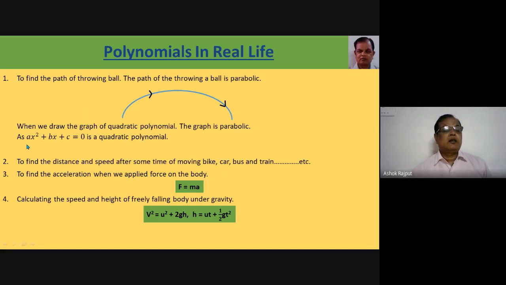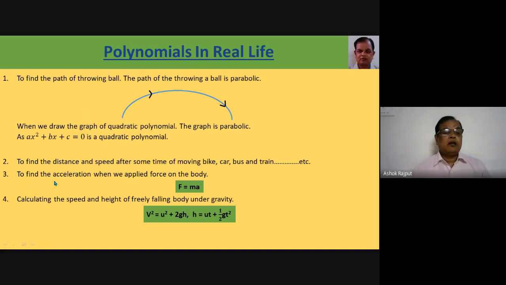As it is written here, ax square plus bx plus c equal to 0 is a quadratic polynomial. If anywhere you find such a type of polynomial, then you can say it is a quadratic polynomial. Then next, to find the distance and speed after some time of moving by car, bus, train or any vehicle, you can find it with the help of a quadratic polynomial.